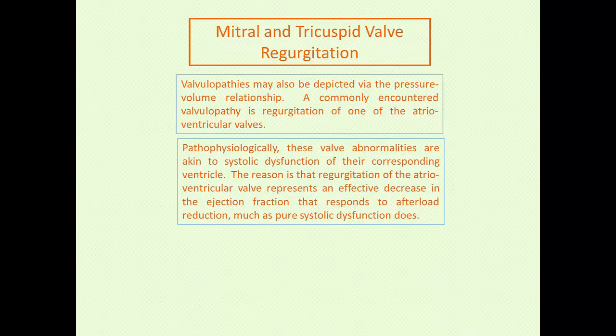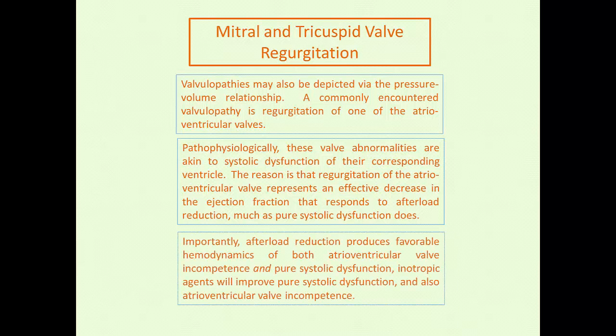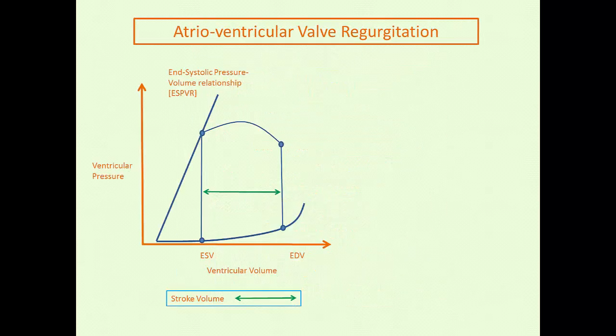So that's how you treat mitral valve regurgitation. You lower the afterload, which is qualitatively similar to pure systolic dysfunction. And additionally, regurgitation of the mitral valve actually responds quite nicely to increasing the inotropic state as well. And so it can be modeled quite similarly.